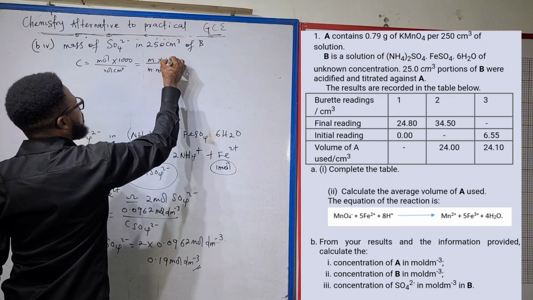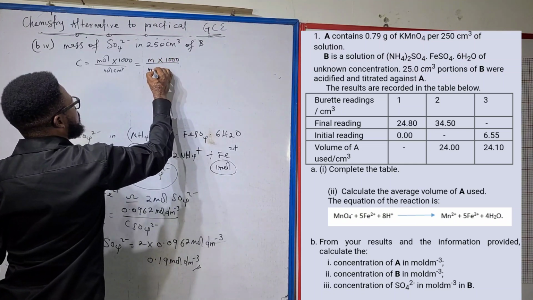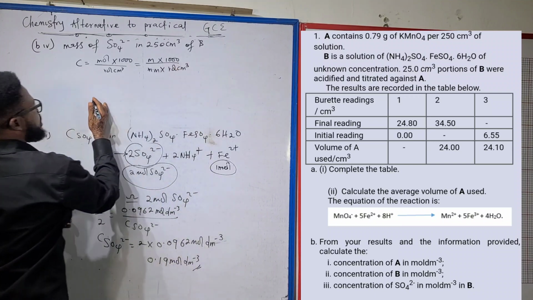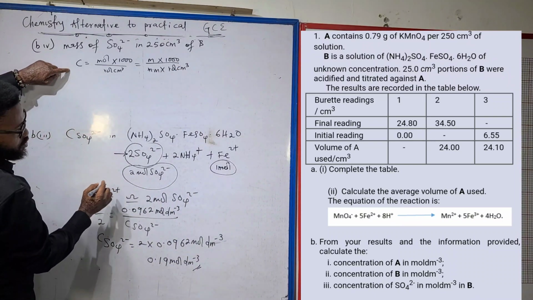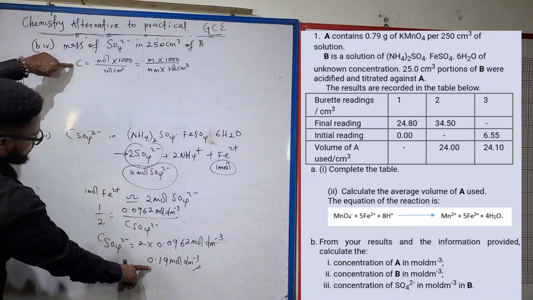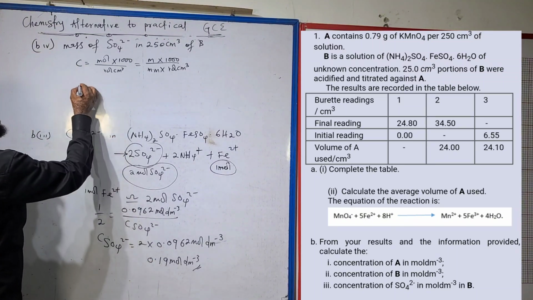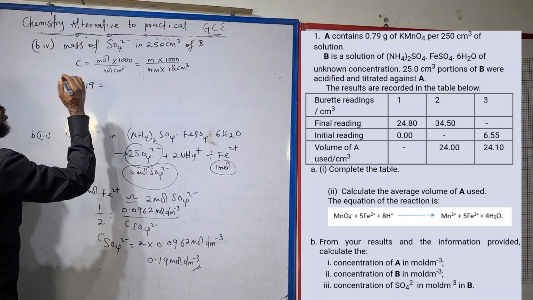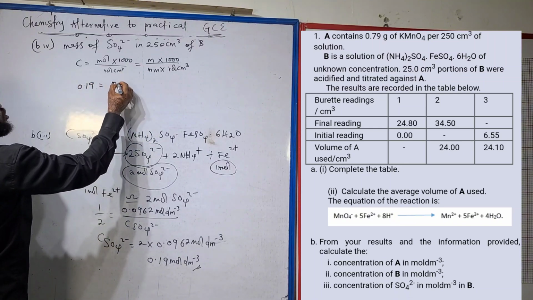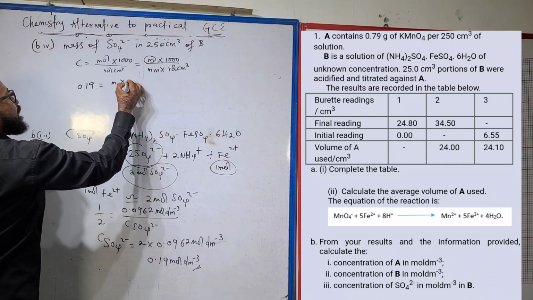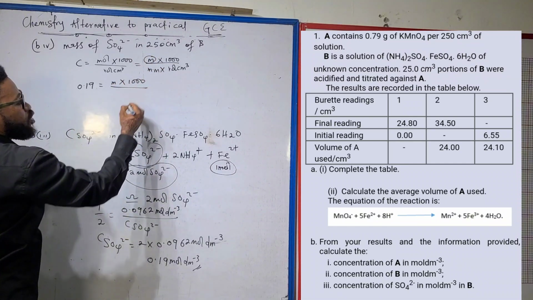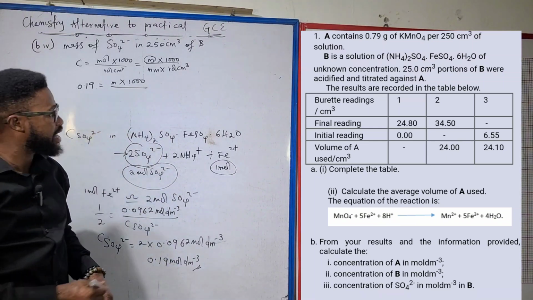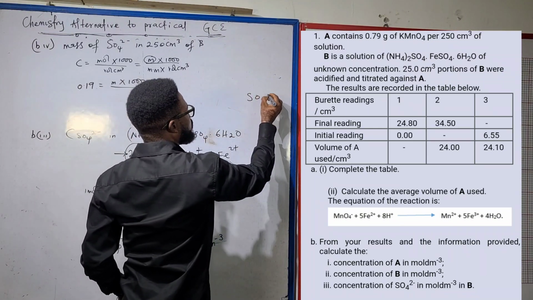So my concentration for my sulfate is 0.19, which equals the mass, that is what I am looking for, times 1,000, over the molar mass of SO4 2 minus.